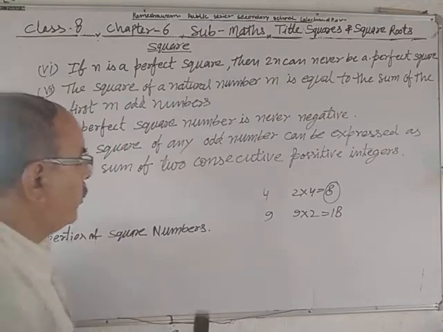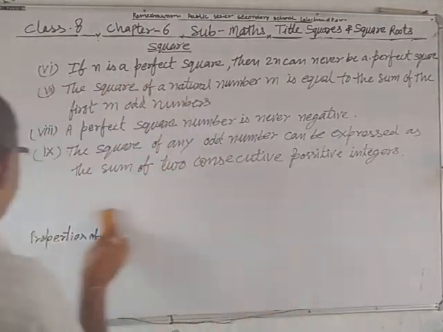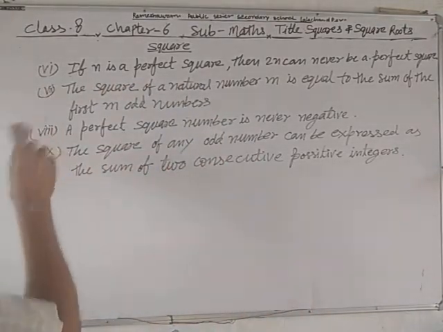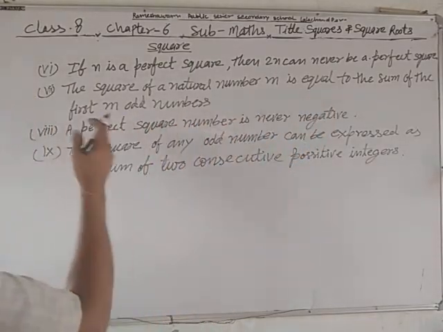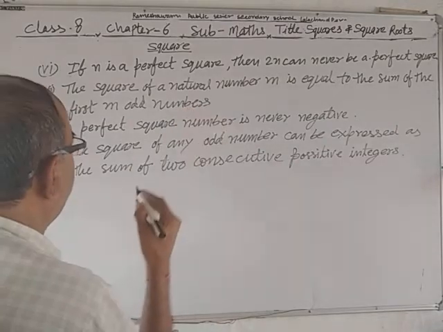The next point is that the square of a natural number m is equal to the sum of the first m odd numbers.